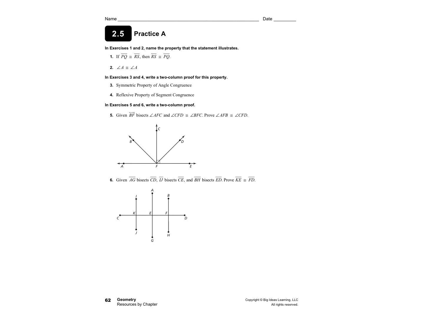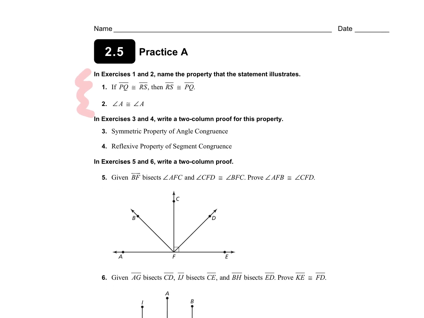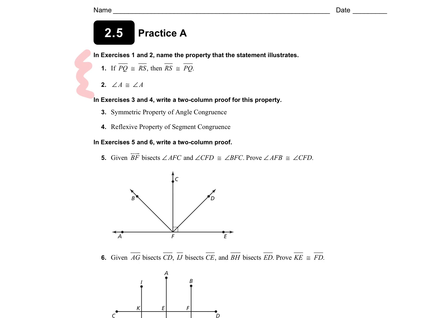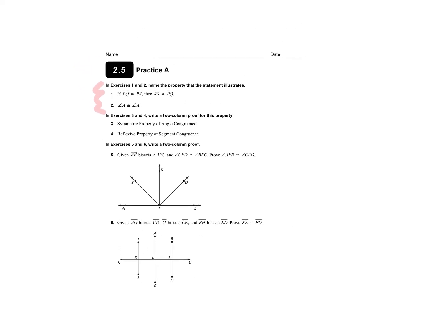So on this first one from section 2.5, be able to name a property when you're given a statement. Again, no word banks here, so it's your job to remember everything. Then examples 3, 4, 5, and 6 here are all going to be proofs. So if you need practice with proofs, work these out.